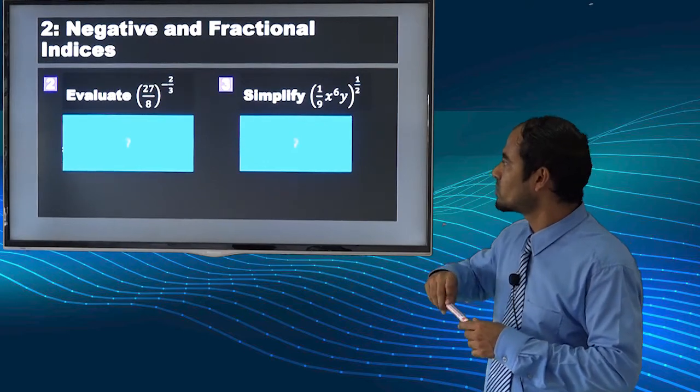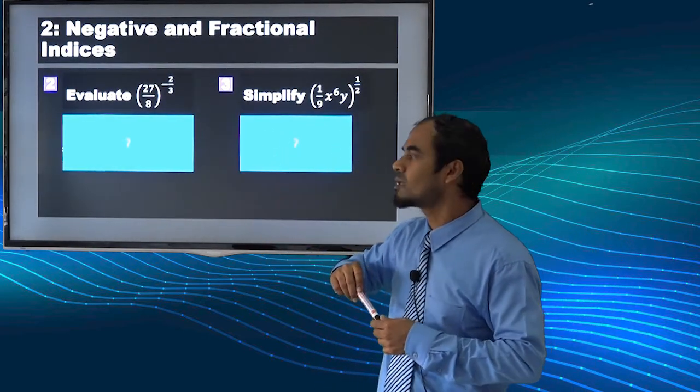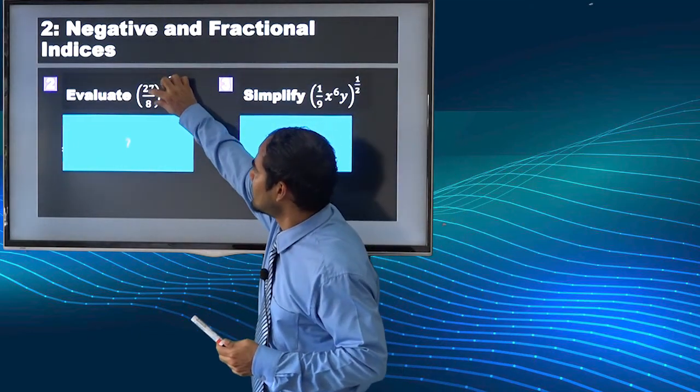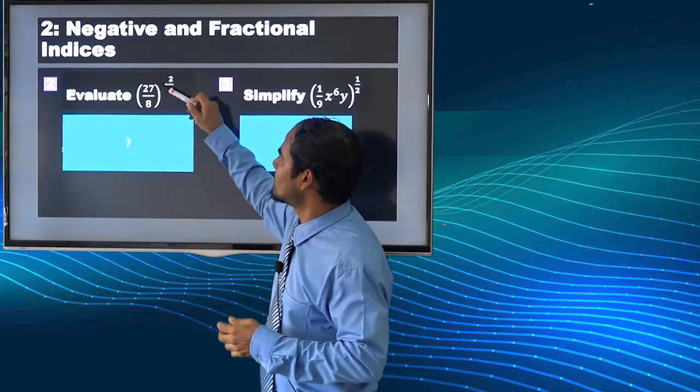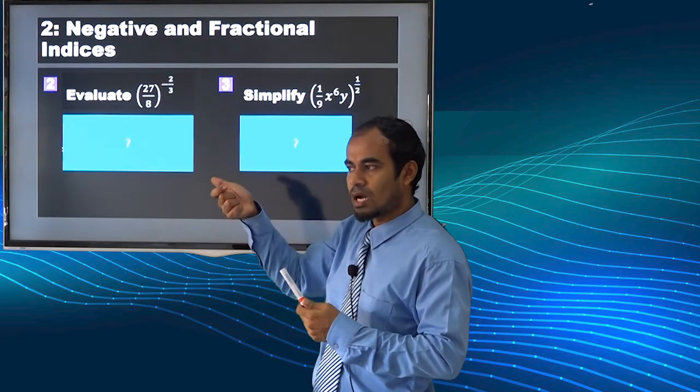First of all, if you get a fraction with a negative power, and the power is even a fraction, what you need to do is flip the base part. The base is here 27 over 8. Flip that fraction upside down.